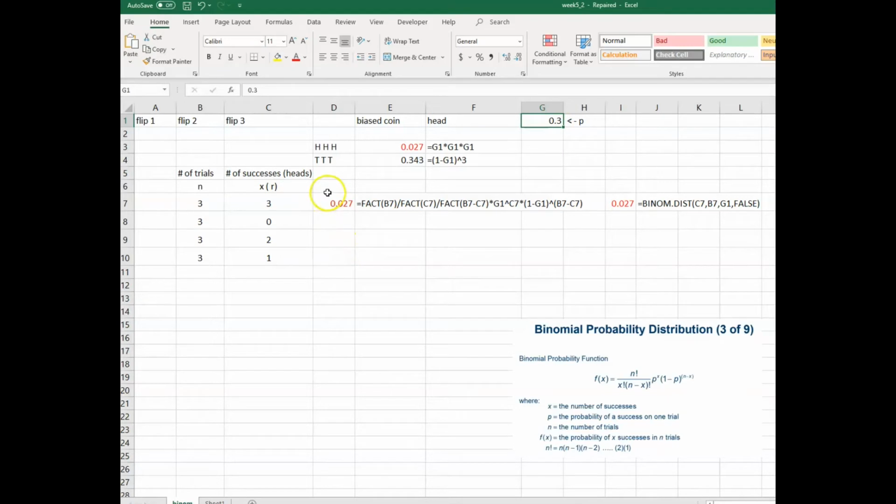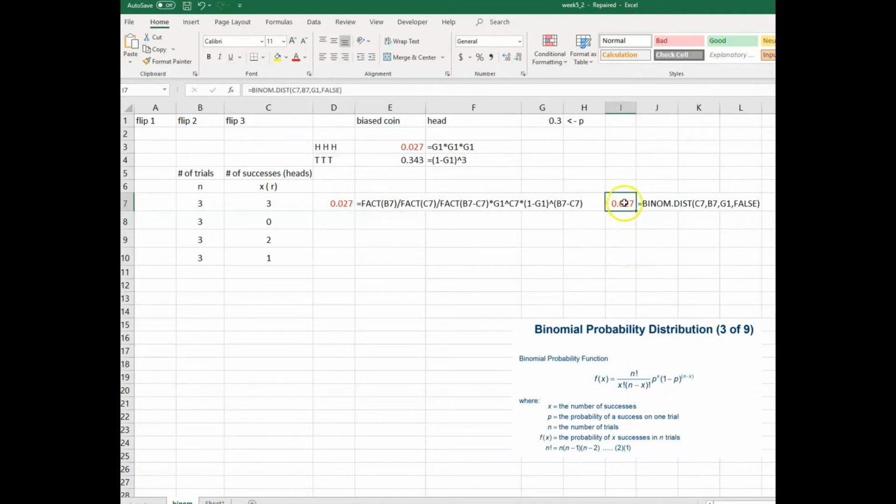The second way to calculate is to apply the formula directly: factorial N divided by the number of successes factorial, and total trials minus successes, times P of success, times 1 minus P to the power of trials minus number of successes. We can simply copy and paste this one.